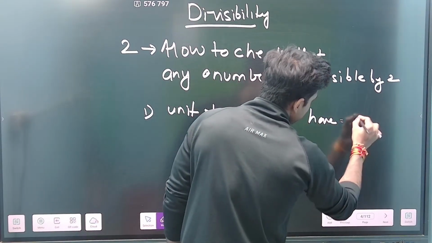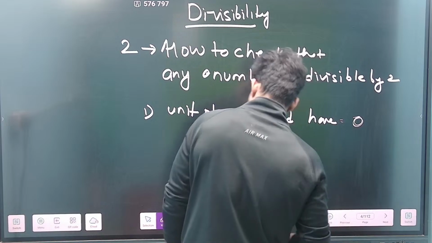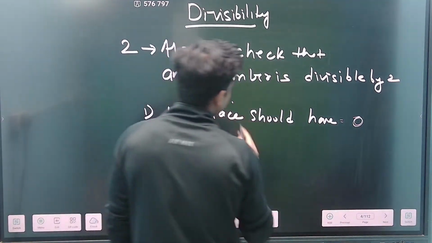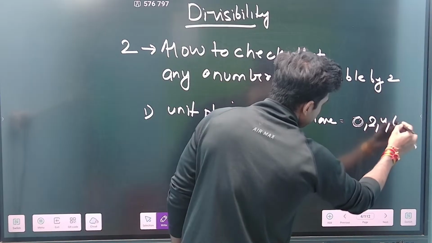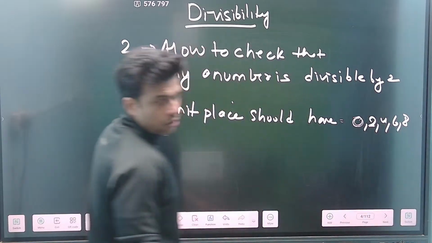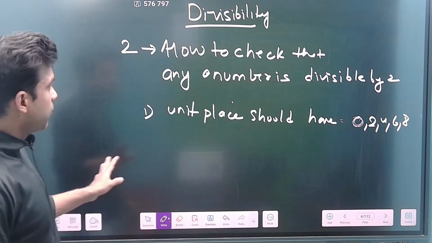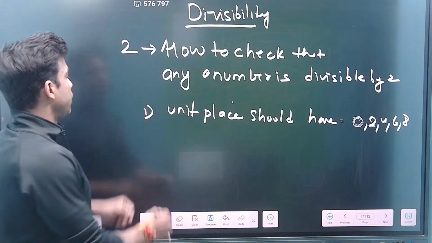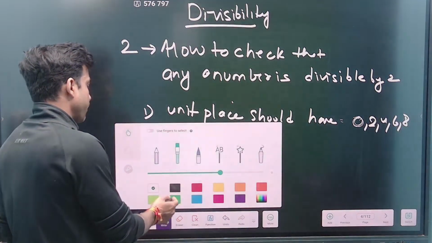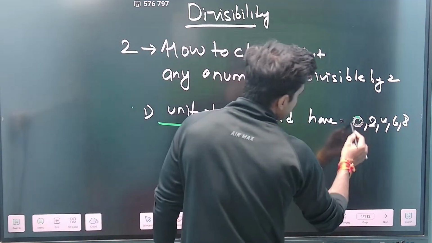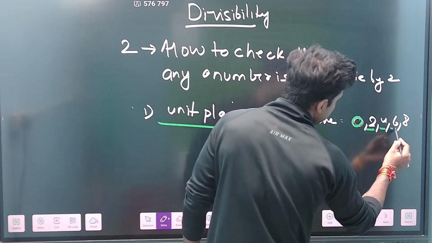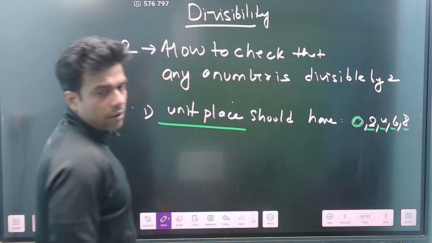Always remember, if a number is divisible by 2, then the unit place of that number should contain either 0, 2, 4, 6, or 8. I hope you are getting my point.